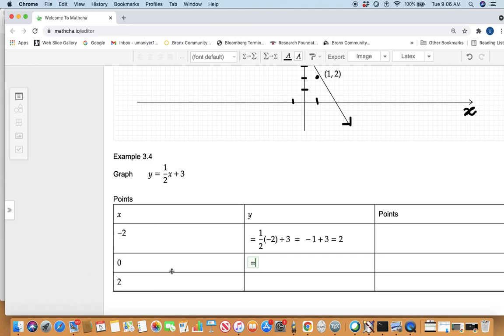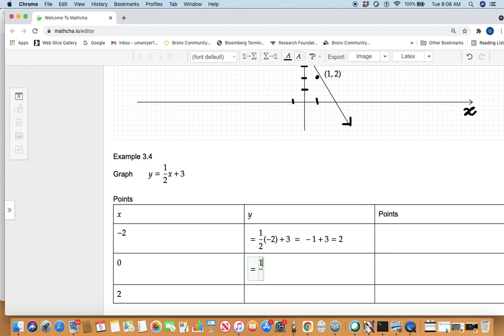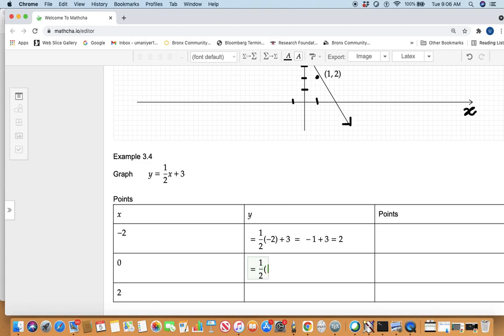When x is 0, fraction 1 over 2, where I see x, I place parenthesis plus 3. In place of empty parentheses, I place a 0. So half times 0 is 0 plus 3, that's a 3.